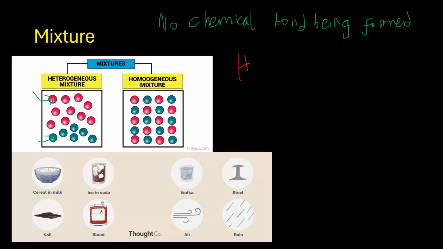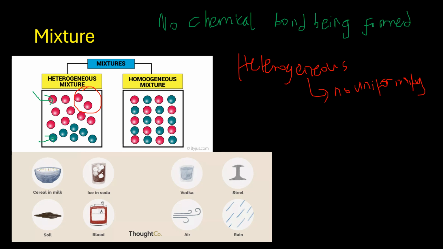So heterogeneous means no uniformity. It's not properly mixed. These two things are close to each other, but there's not a complete mixture taking place. The reason is that if I were to sample from this part of the mixture, you're going to see it's only pink substance.